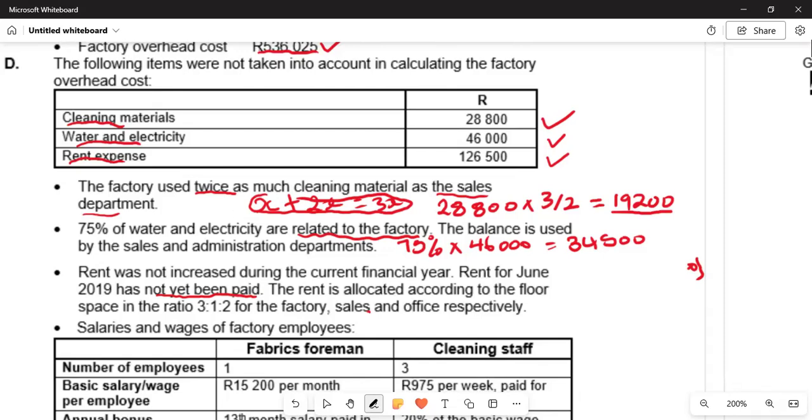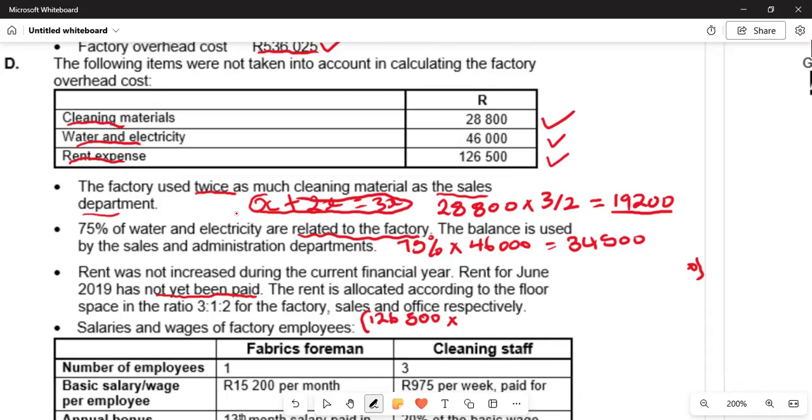So now we know the amount for our rent, which is 126,500. We want to know how we are going to multiply it.